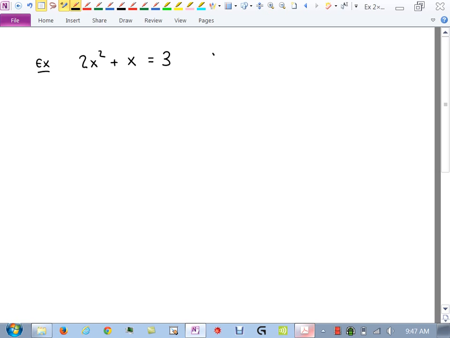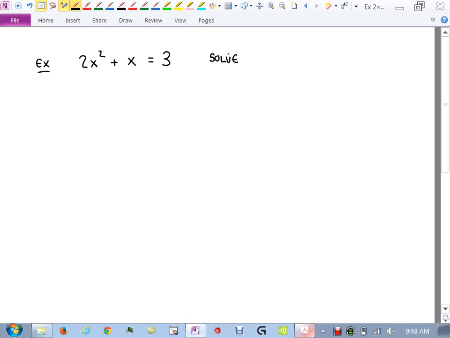And the instructions here are to solve this equation. You mean move it over to that side? Yes. That's the first step because we have an equal sign, but it's not equal 0.